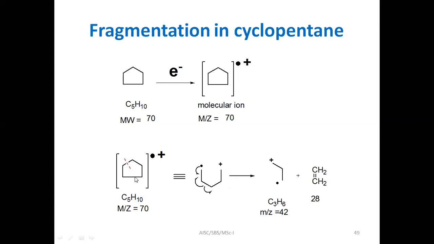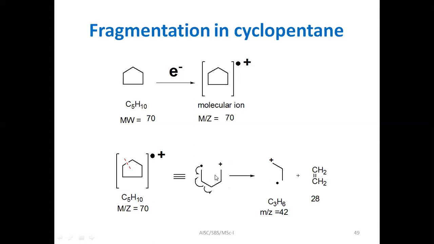So breaking takes place due to cyclic nature. All positive and dot remain in the same fragment. So that is also the same as the molecular ion peak. Positive goes to one carbon, dot goes to one carbon as in the previous AB type pattern fragment.